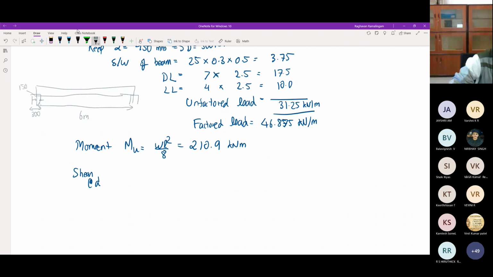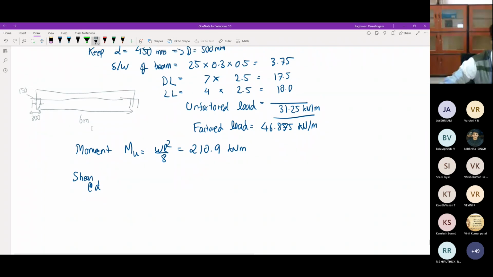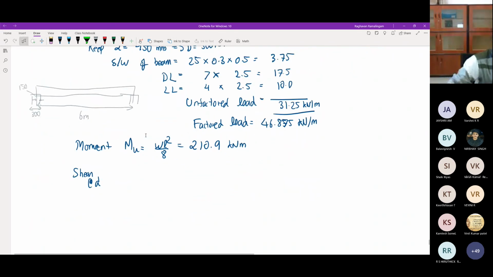And depth d, effective depth I've assumed, is 450. So 450, 150.